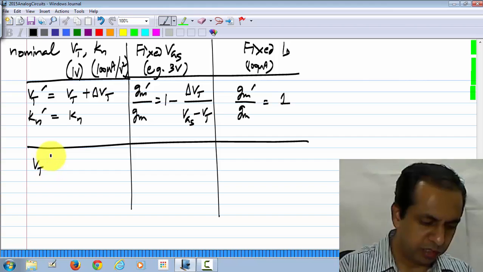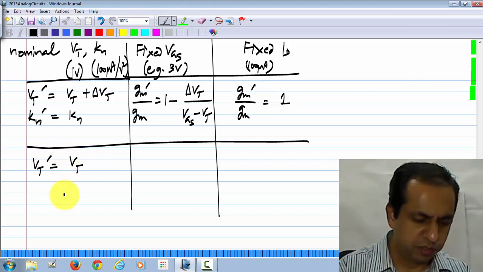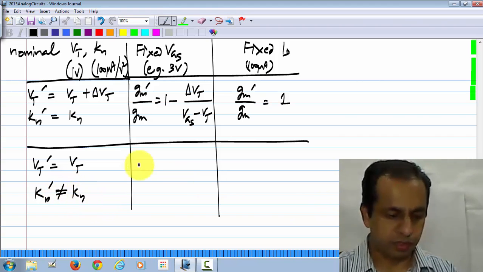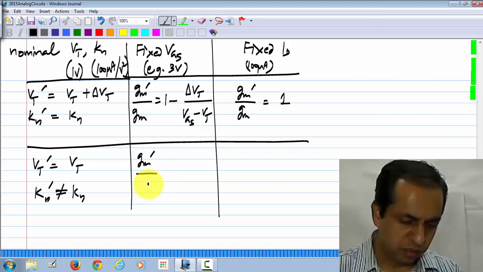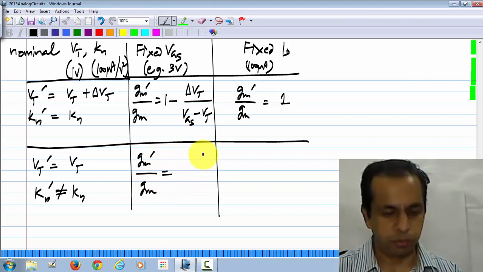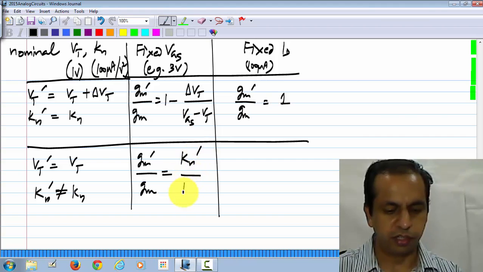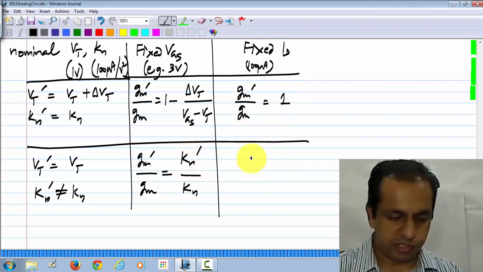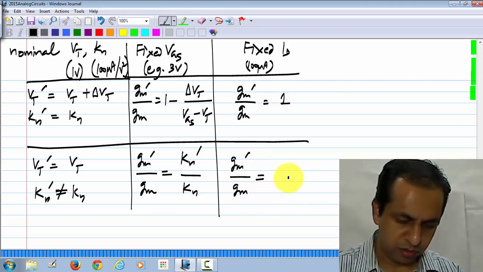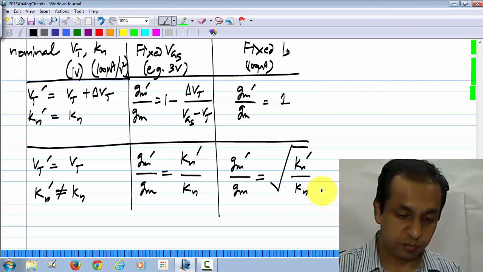Similarly, if I consider the change only in Kn, what happens? The ratio of new Gm to old Gm will be the ratio of the current factors, whereas in case of fixed ID, it's the square root of the current factors.